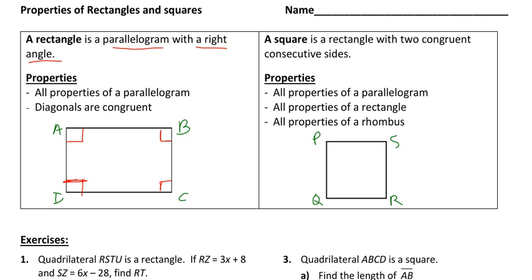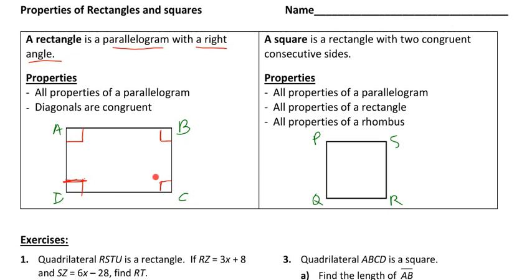And then we look at the properties. A rectangle has all the properties of the parallelogram because it is a parallelogram. So what are the properties of the parallelogram? These are the properties. Both pairs of opposite sides are parallel. Both pairs of opposite sides are congruent.